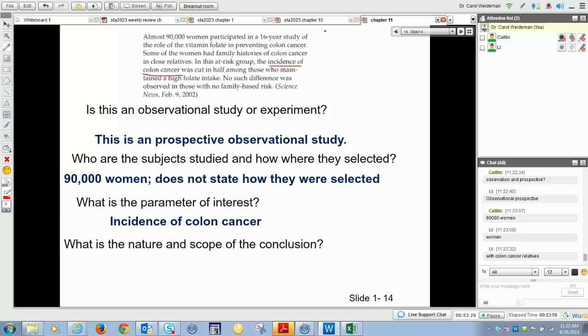Now, this is where it gets a little sticky, because remember, this is an observational study. So we can't say that having a high folate intake is going to reduce the incidence of colon cancer, remember? Because we can't do cause and effect in an observational study. So all we can really say, let me see, Lee's going to type something in.